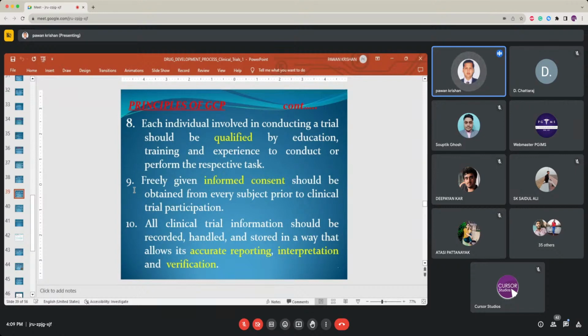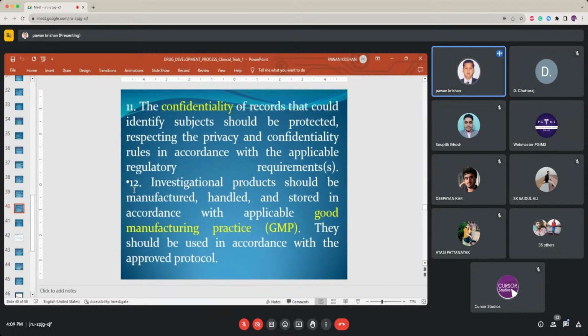There should not be any ambiguity in the clinical trial data. And a very important aspect is the confidentiality of the trial subjects. The records which can lead to identification of the trial subjects should be protected, respecting the privacy and confidentiality rules governing the different countries.